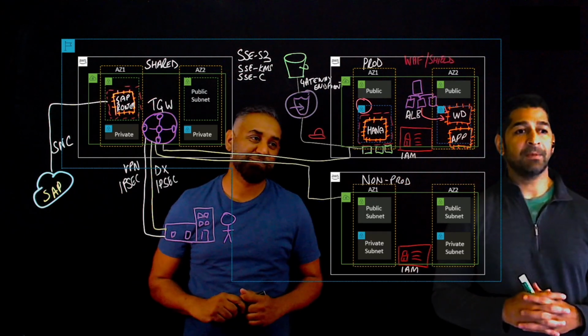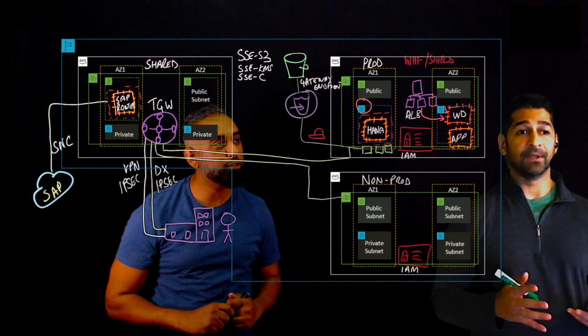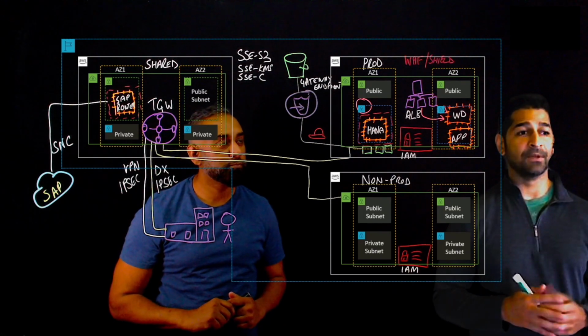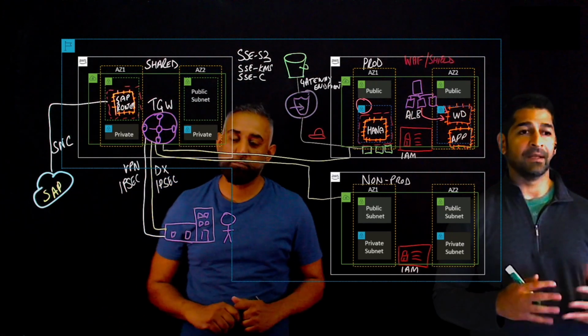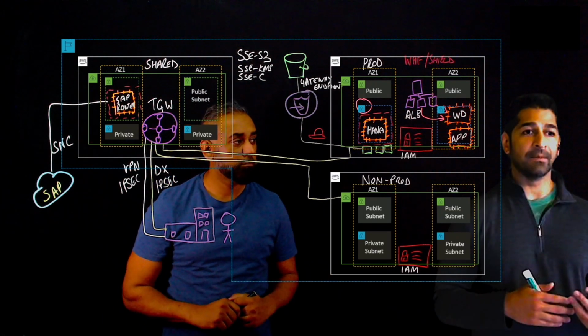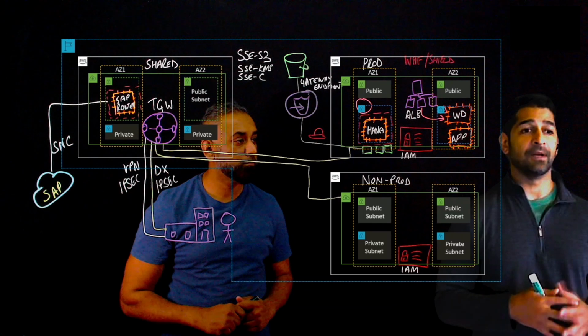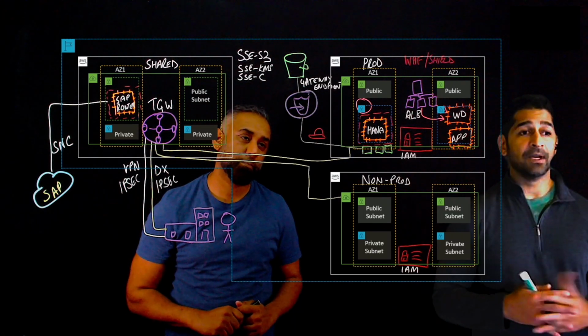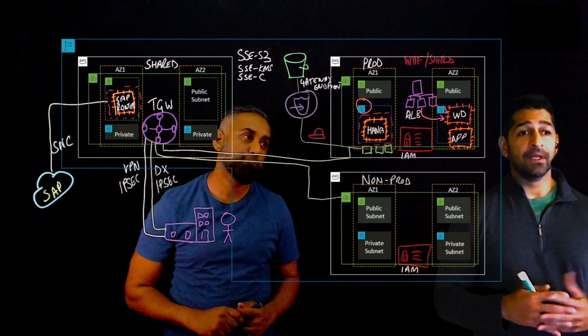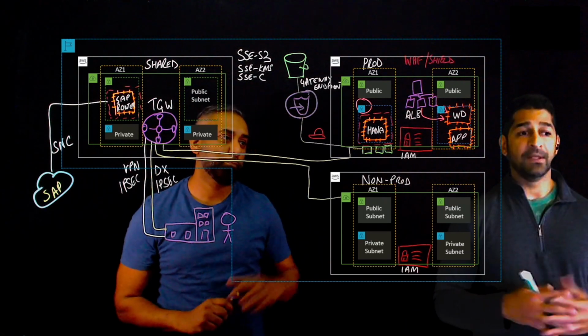So let's maybe summarize everything we've covered here today in this video. First, we talked about multi-account strategies, and the things you need to start thinking about in order to build a multi-account strategy, things like shared services. We also touched on network security and how to secure your VPC, right?